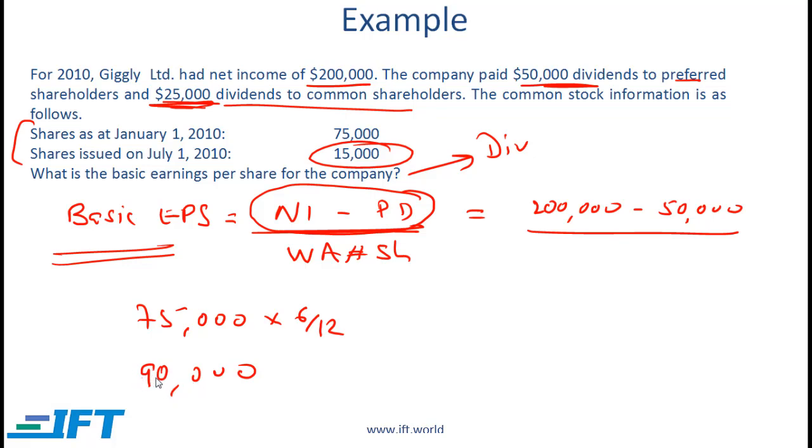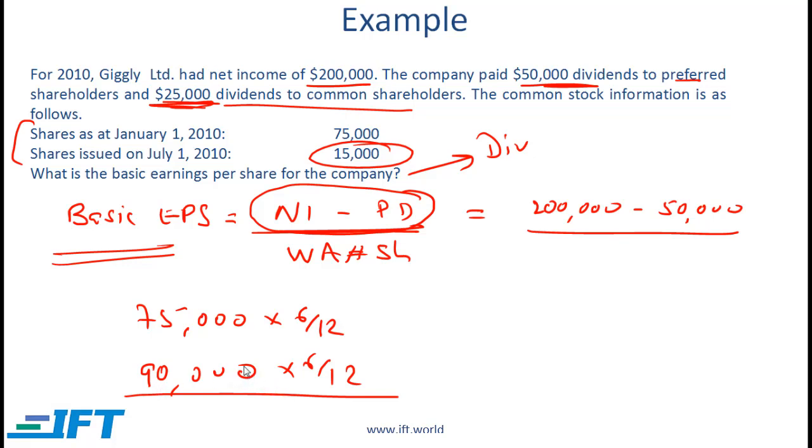This was the number of shares outstanding for the second half of the year. So we multiply this also by 6 over 12.